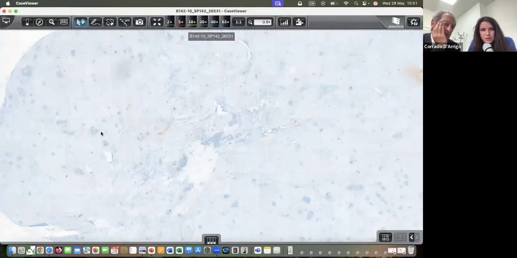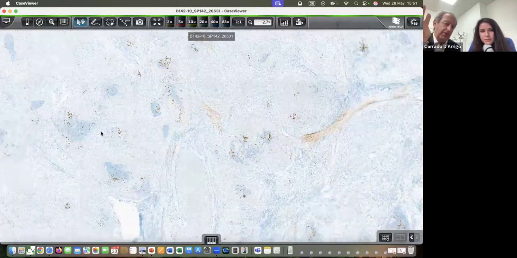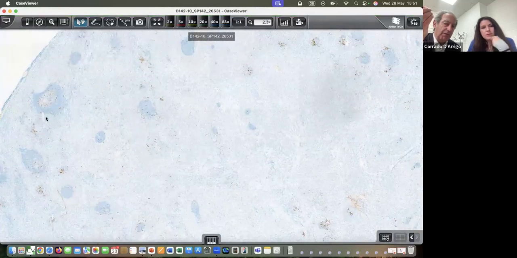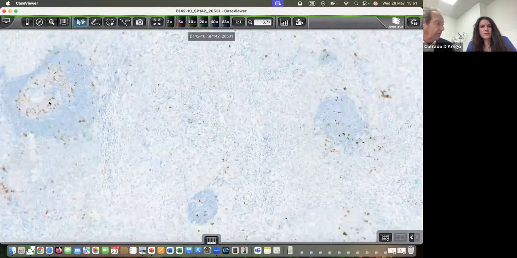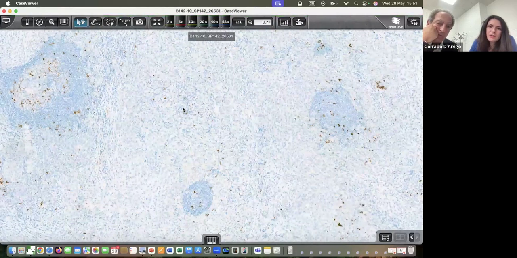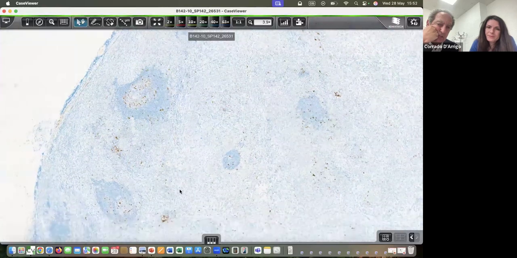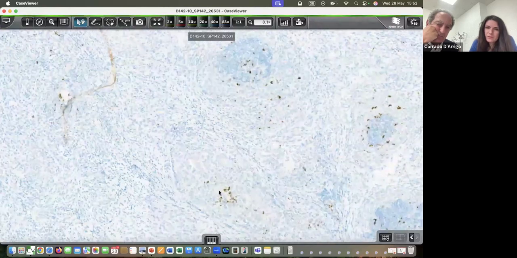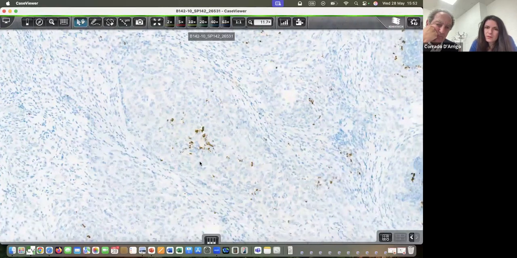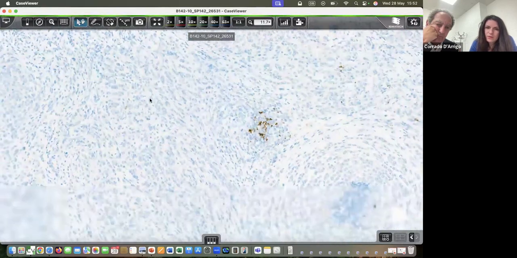You could stain and see whether there are dendritic cells. If there are dendritic cells, then maybe you should say, no, I won't count the staining in the follicle. But if we look closely, they are intermingled here. This would be 1%, more than 1%.